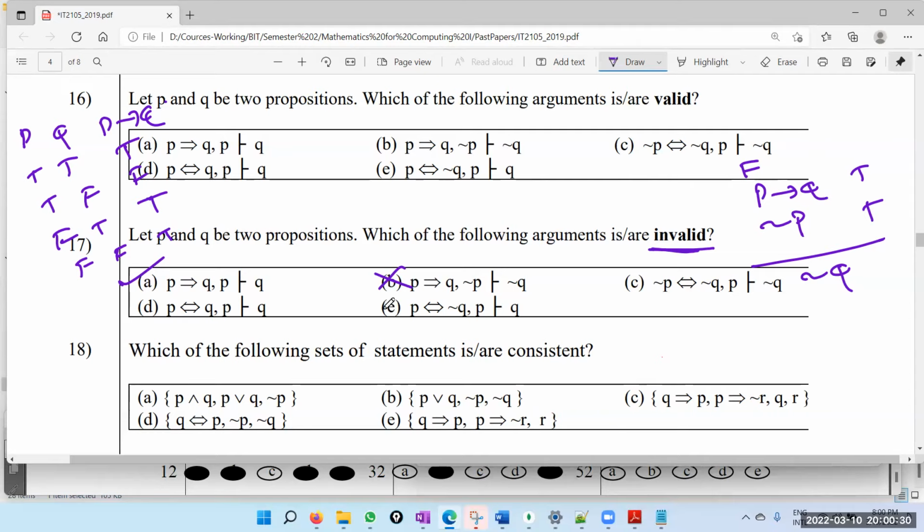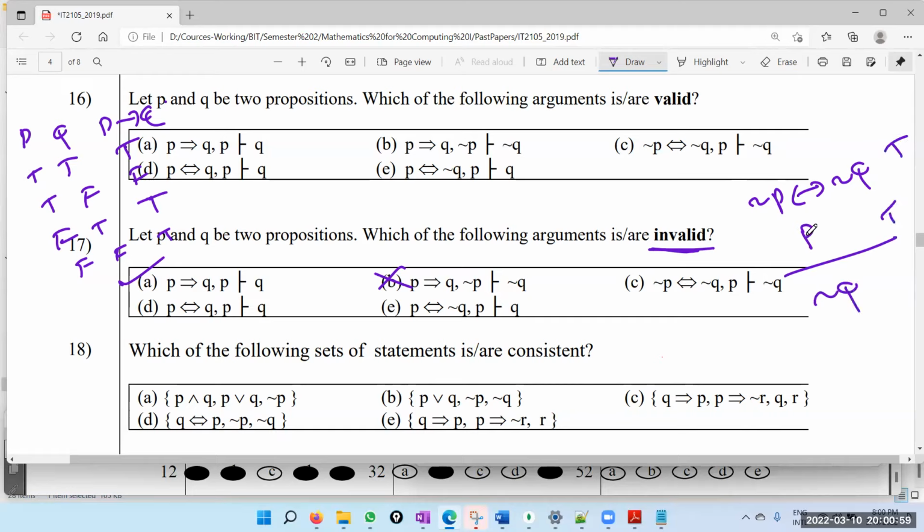Right. So this is invalid. So next one. Not P if and only if not Q. Right. Not P if and only if not Q. P, therefore not Q. So we take both as true.